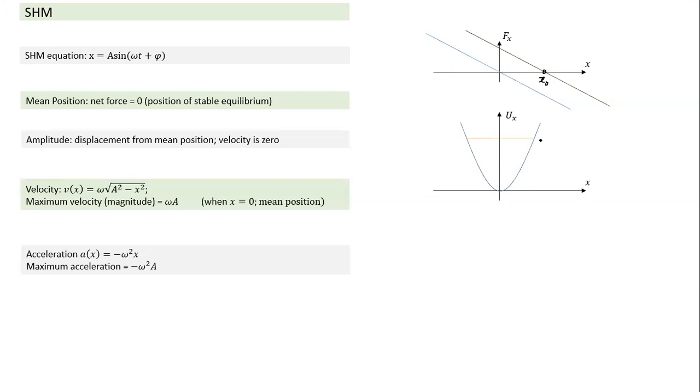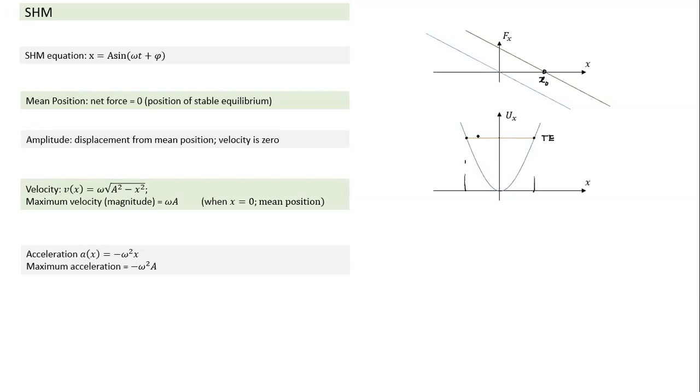If this is the total energy, we can give different amounts of total energy. If the total energy given is at this level, the particle will oscillate between this point and this point. At the extreme position, kinetic energy becomes zero.